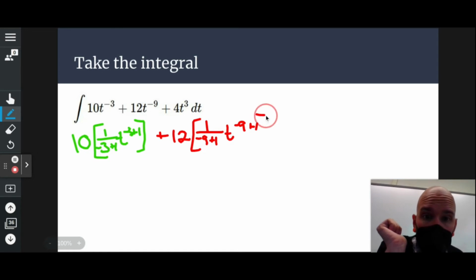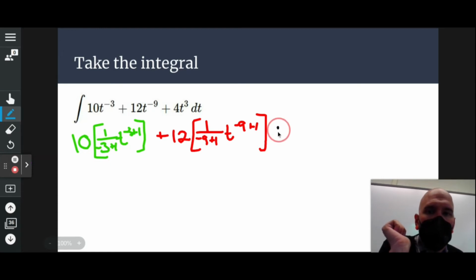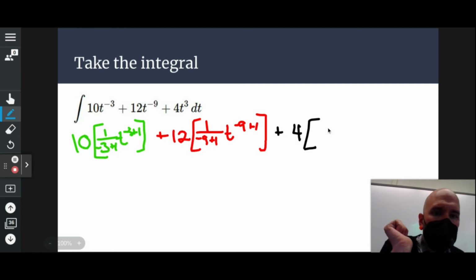I'll clean that up in a minute. Plus, bring the 4 out, 1 over 3 plus 1, t to the 3 plus 1.